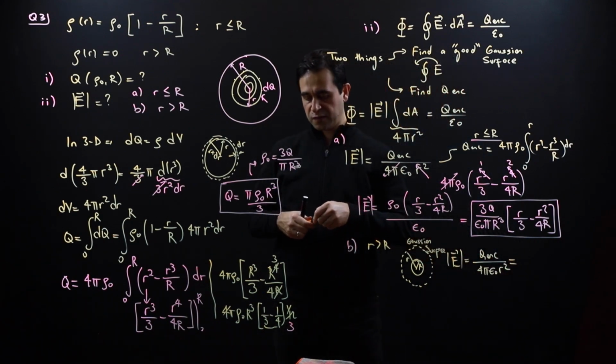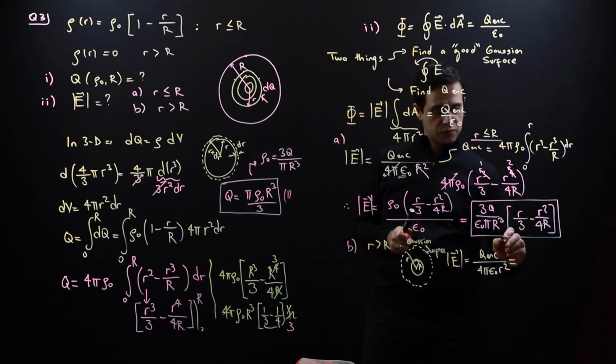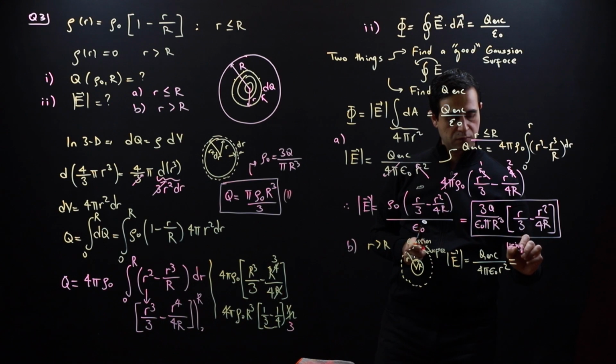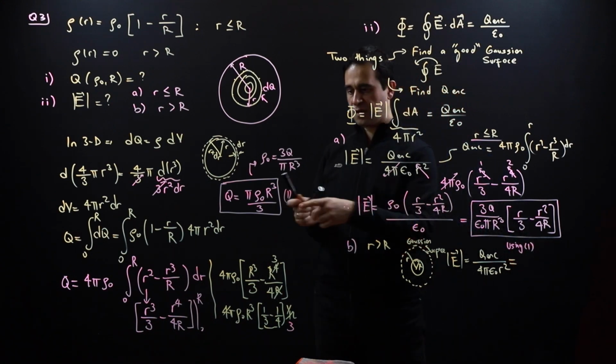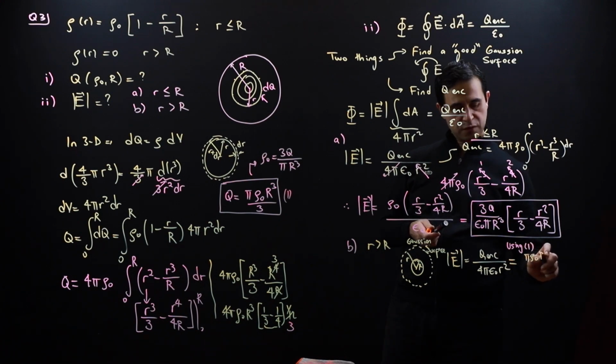So let me even give some numbers to these equations. Let's say equation number 1. So using 1, I'm just going to substitute this in here. So that will be pi times rho 0 times R cubed divided by 3. So I'm going to put that 3 here, times 4 pi epsilon 0 times r squared.